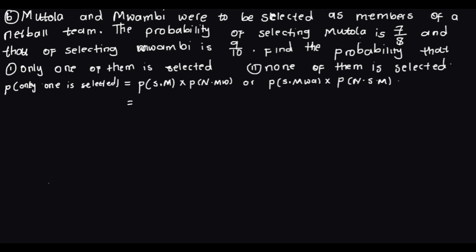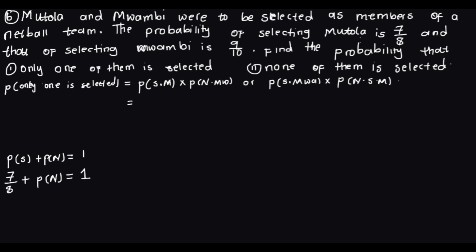So here what we need to do is, let's use that the probability of selecting plus the probability of not selecting is equal to 1. So let's begin by finding the probability of not selecting. So the probability of selecting Mutola is 7 over 8 plus the probability of not selecting is equal to 1.